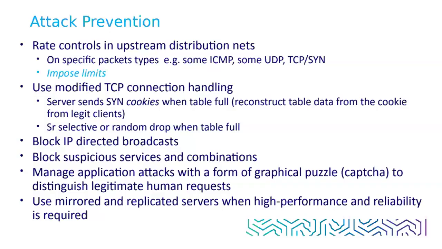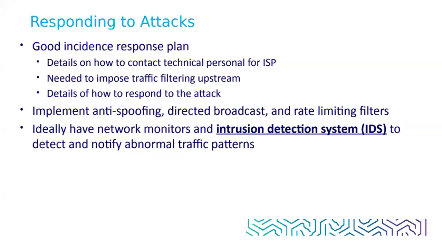At the application layer, CAPTCHAs help distinguish legitimate users from automated bots, while mirrored and replicated servers improve availability and resilience by distributing the workload. Together, these techniques significantly reduce the effectiveness of denial of service attacks while maintaining service availability for genuine users.